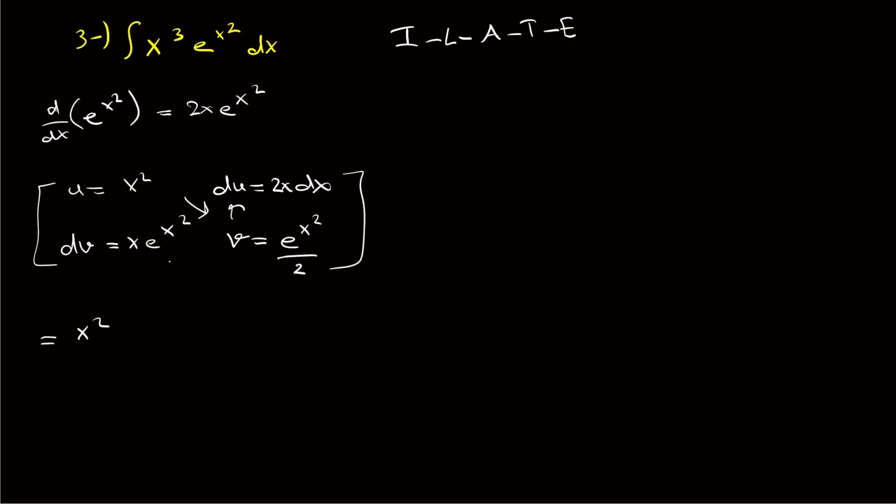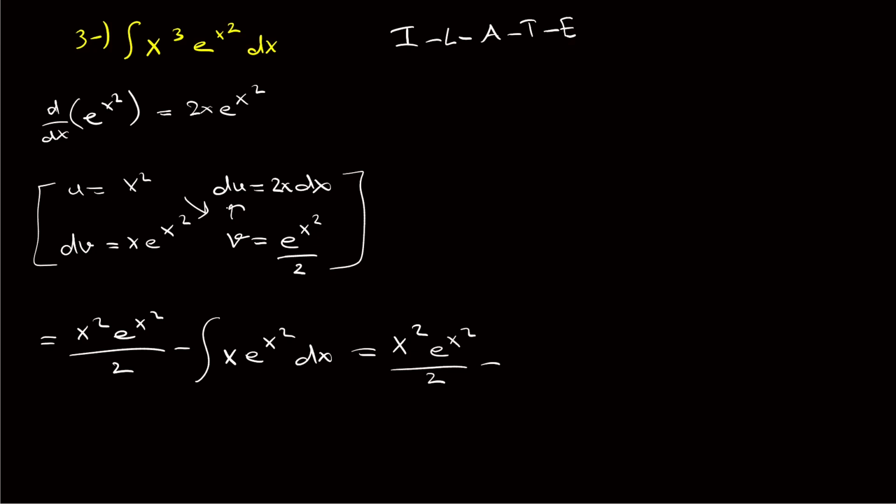Now I can follow the arrows. x squared e to the x squared over 2 minus integral v du. These 2's will cancel each other out. So do I have x e to the x squared dx? Again, I kind of have e to the x squared when differentiated, but there is no 2, so I will write this as x squared e to the x squared over 2 minus e to the x squared over 2 plus c.